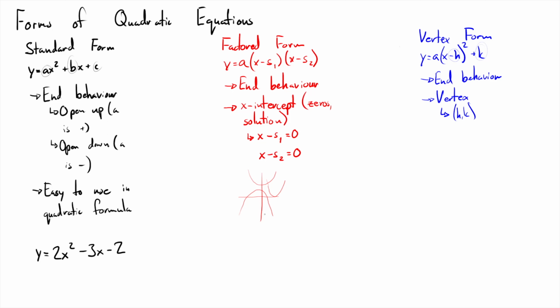If I want to write it into factored form, and again, in the next video, we'll go over how to switch between these forms, it's going to look like y equals x minus 2 times 2x plus 1. And if I want to see it in vertex form, it's going to look like y equals 2 times x minus 3 over 4 squared minus 25 over 8.